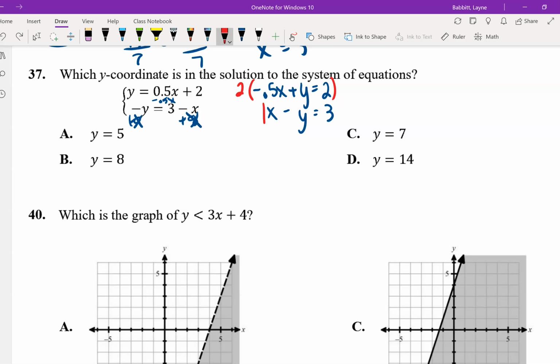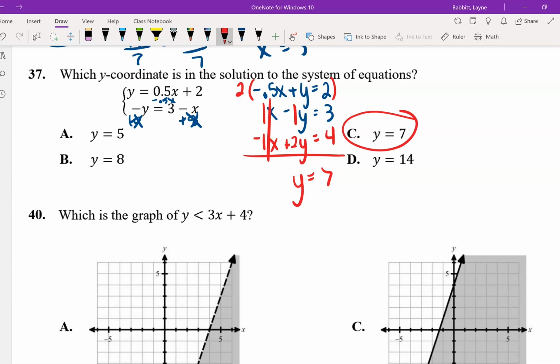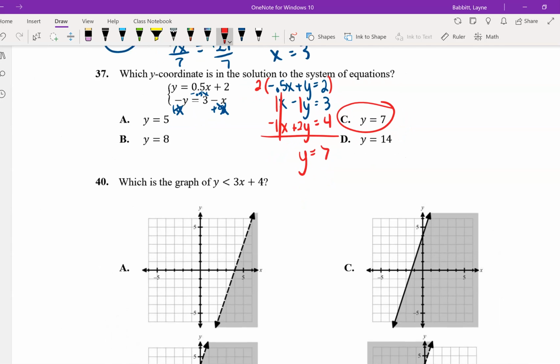So 2 times negative 0.5 is negative 1x, 2 times y is 2y, equals 2 times 2, which is 4. Add straight down. Negative 1y plus 2y is just 1y equals 7. So that's my correct answer.